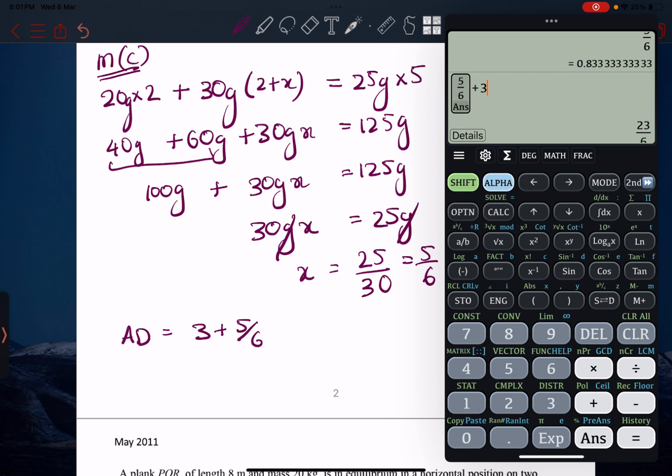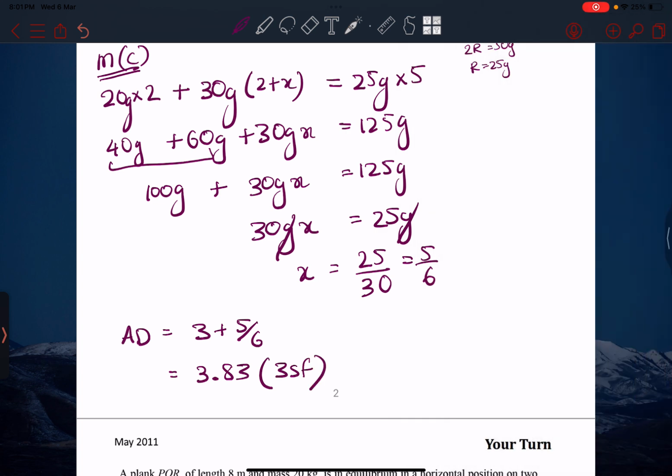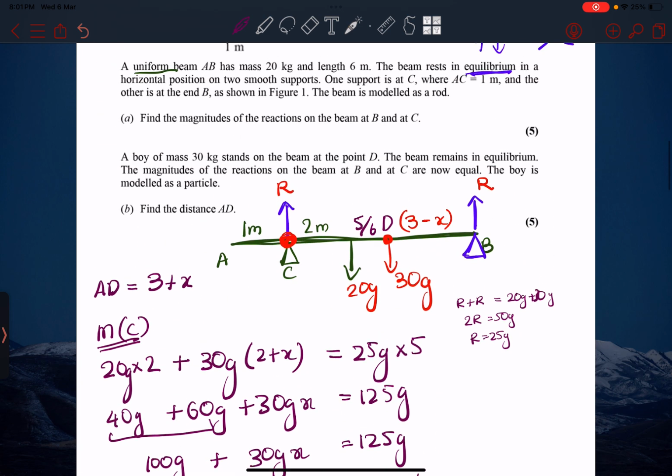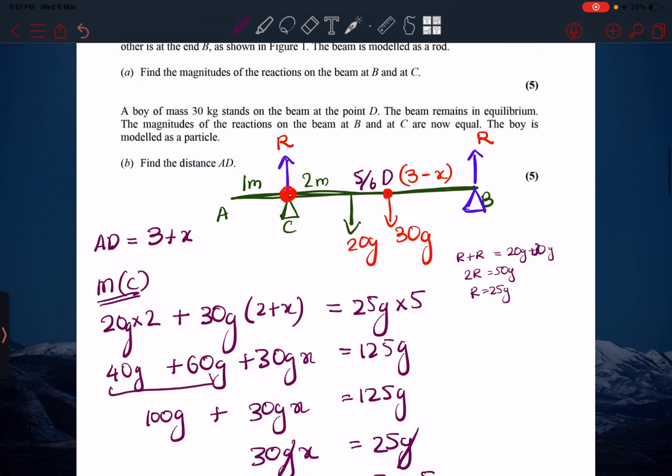Add 3, so 23 over 6, or we can say 3.83 to 3 significant figures. So AD is equal to 3.83 meters to 3 significant figures, and that is part B.